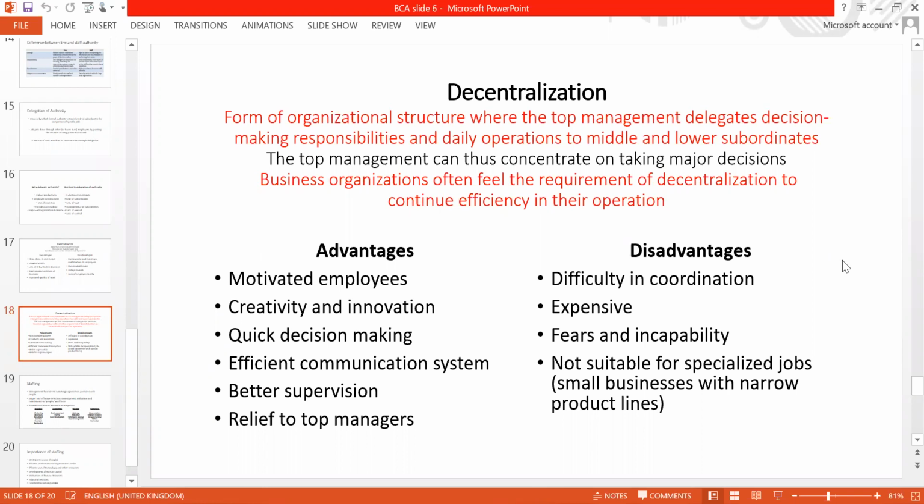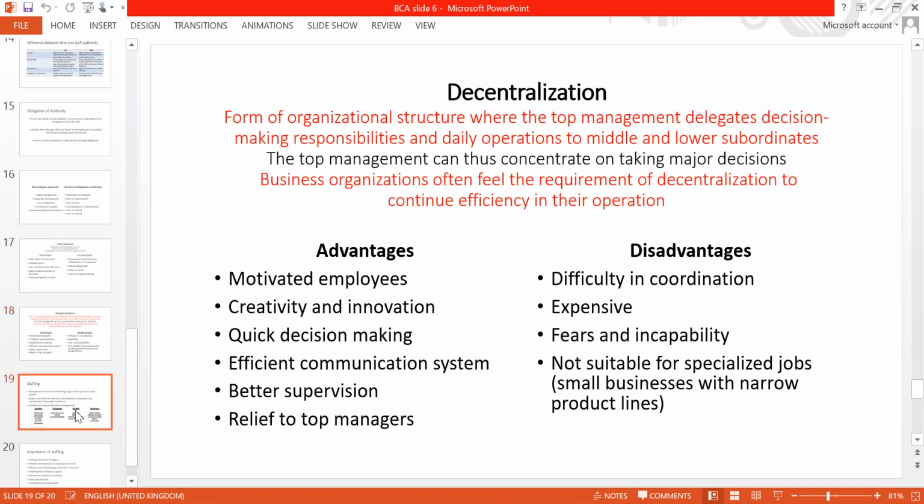If the organizations are small and they are limited to very specialized jobs, then centralization will obviously be the kind of organization structure in such an organization. So these are the disadvantages. Fear due to incapability, or misuse of power, are also disadvantages of having a decentralized structure.